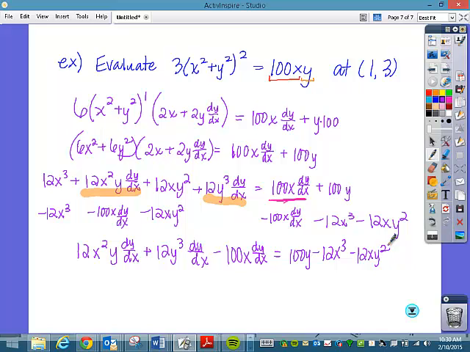Okay, move everything with a dy dx to the left, move everything without a dy dx to the right. So now I need to factor out a dy dx from all three of these terms on the left. So I'm going to pull out a dy dx, leaving me with 12x squared y plus 12y cubed minus 100x in parentheses.